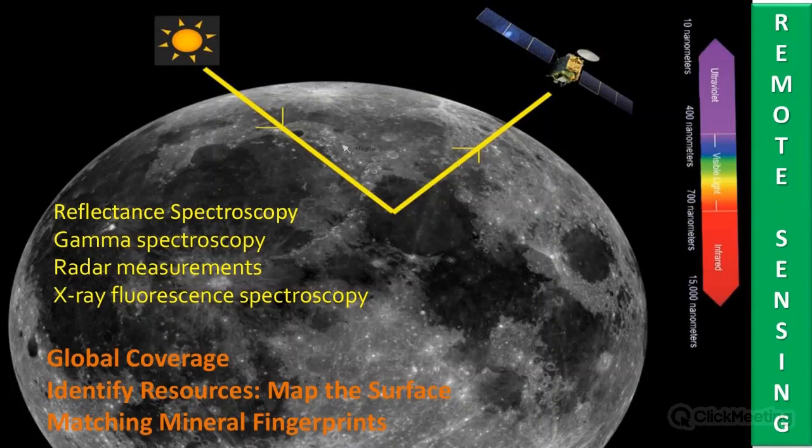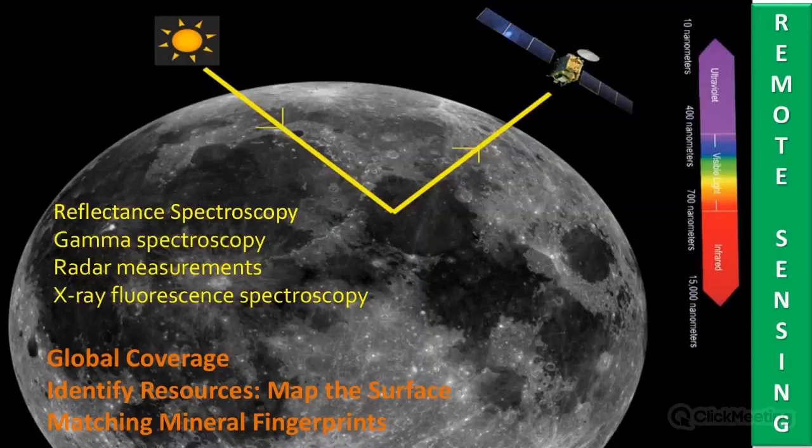And the main advantage of having remote sensing observation is that we get global coverage. If we go with a lander or rover, those are in situ observations, which are very important to understand remote sensing observations, but those are site specific.